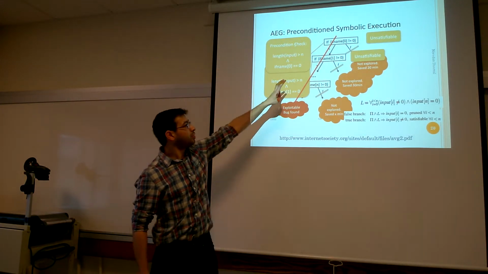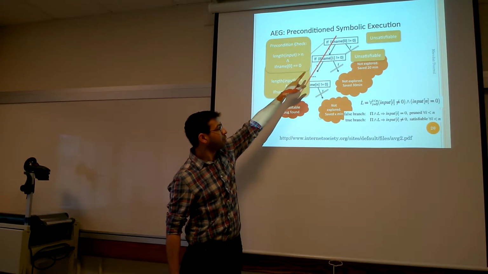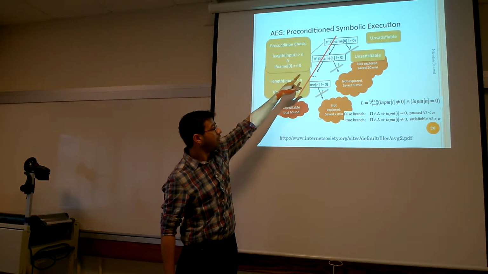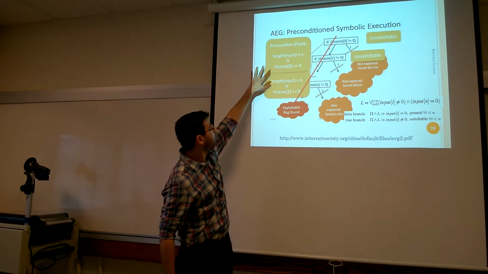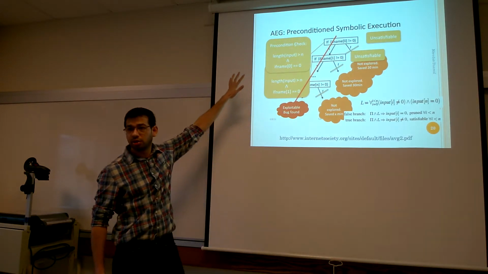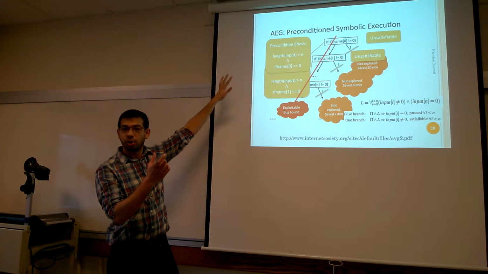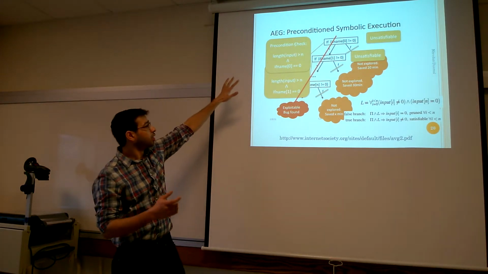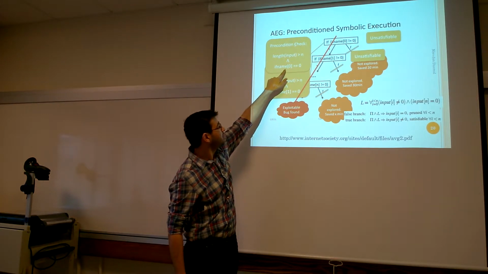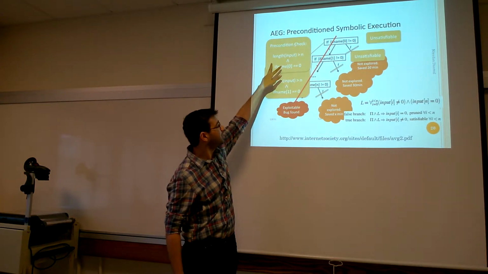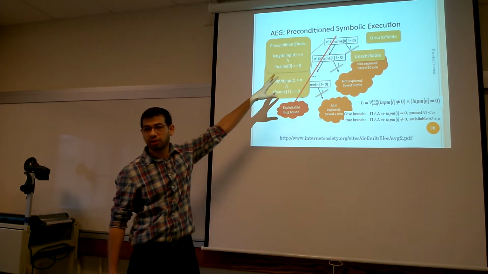Every character is checked whether it is not null, and for the unsatisfiable condition, we give this predicate to the symbolic execution: the length of input should be greater than n, and this is double equal to 0. If this is the case, then don't follow that path.